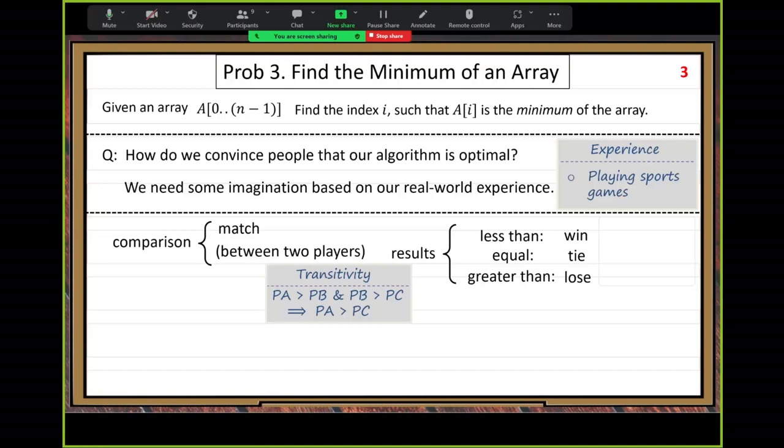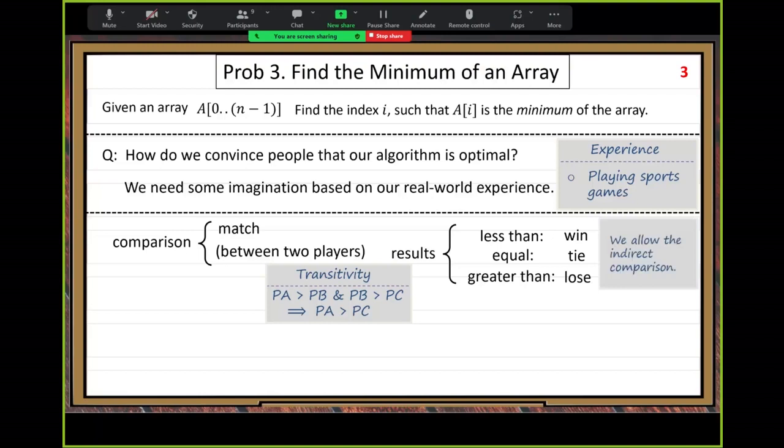If player A beats player B, and player B beats player C, you cannot say player A beats player C. Player A may lose to player C in the real world. So this part is different.